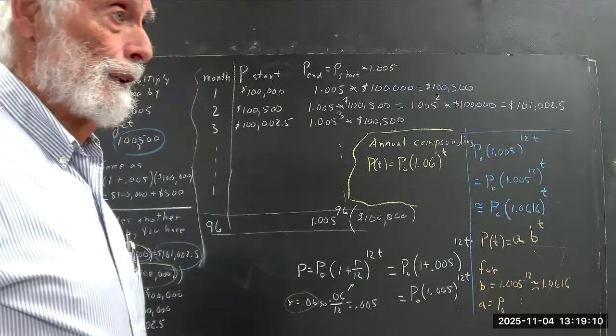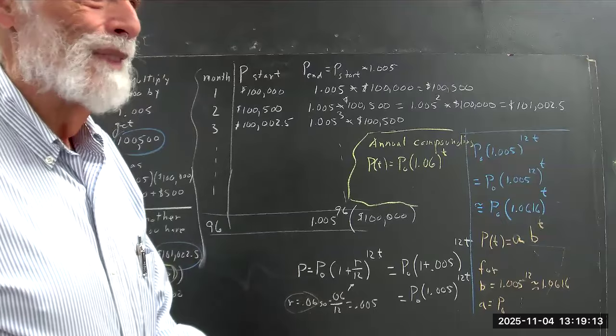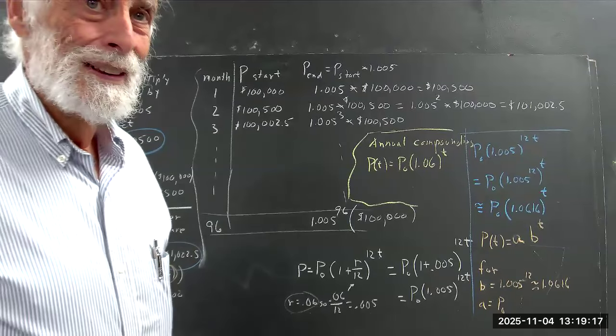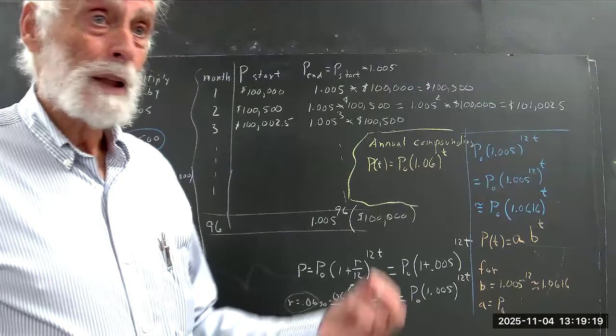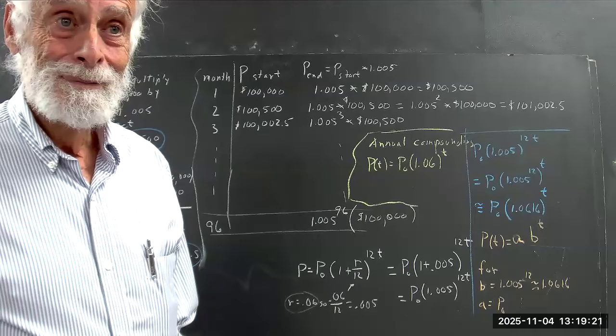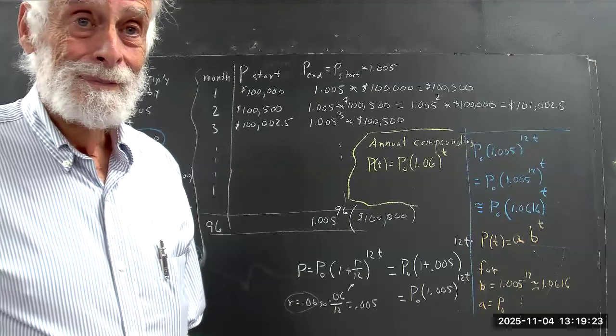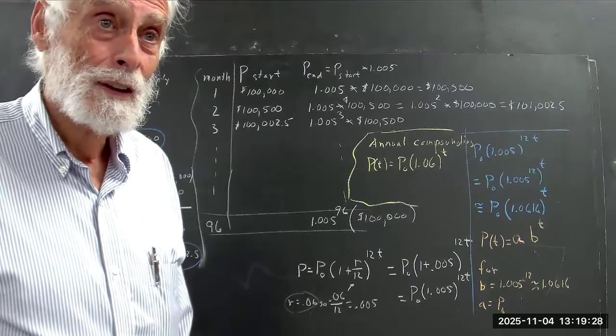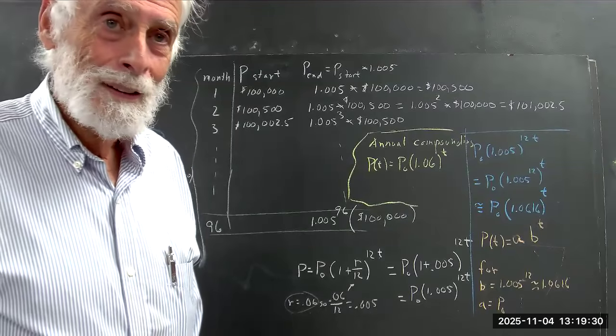There are formulas, but you can understand the formulas a lot better than some accountants. Now, the accountant that did my taxes this year, well, my wife's and my taxes this year, because we don't want to mess with that.